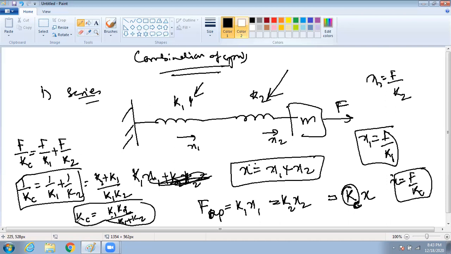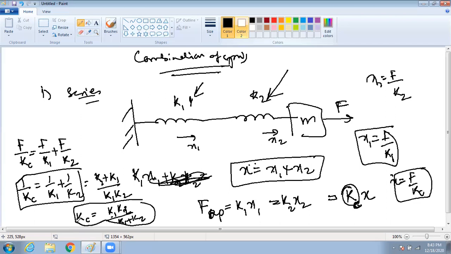Clear or not? All of you clear? Yes, sir. Sir, it is same like resistance. Yes. Same like resistor, but ulta like capacitor. Capacitor is ulta.